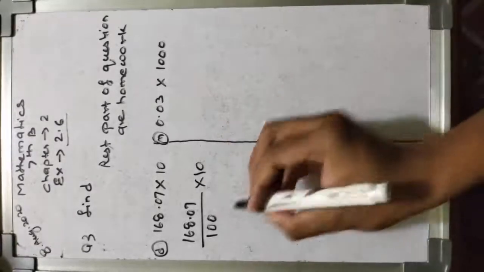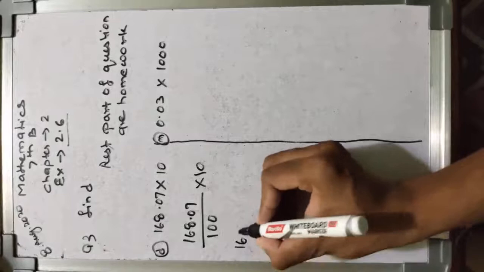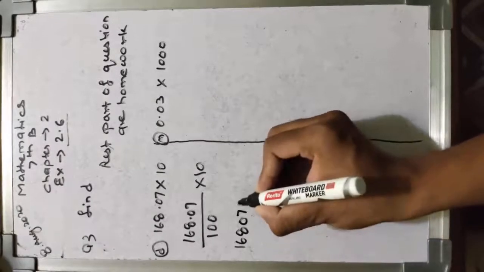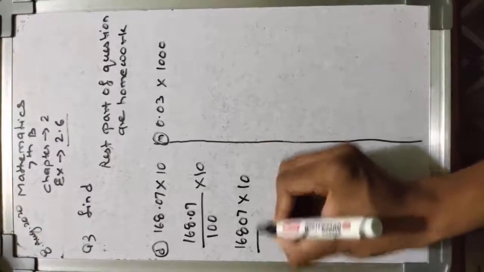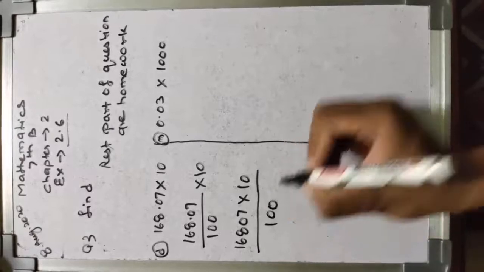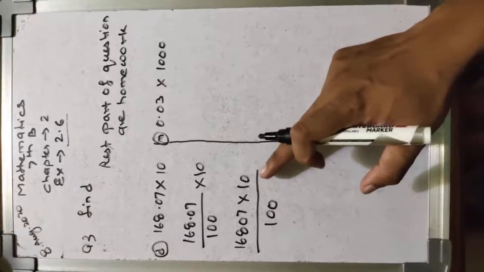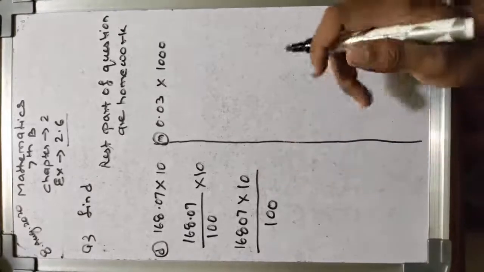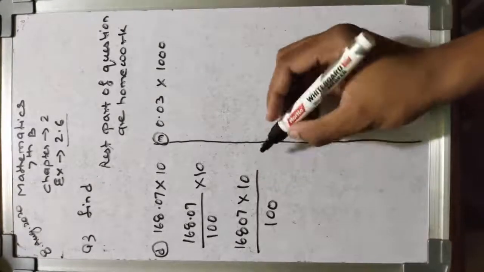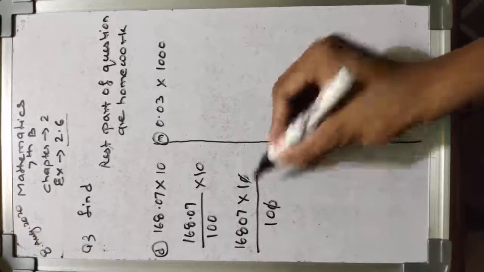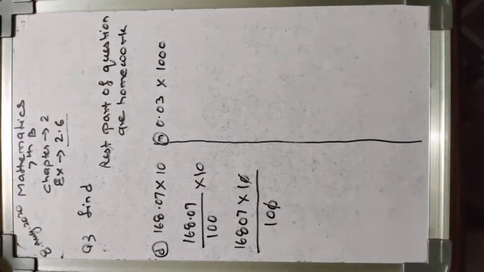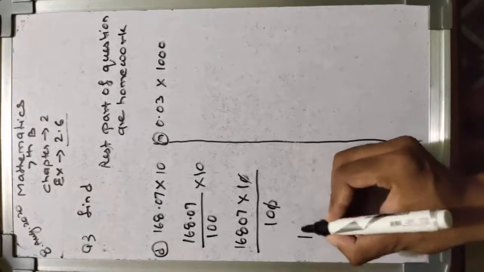Now this will become 16807 multiplied by 10 divided by 100. This 10 should be in division with this 100. Now this 0 gets cancelled.